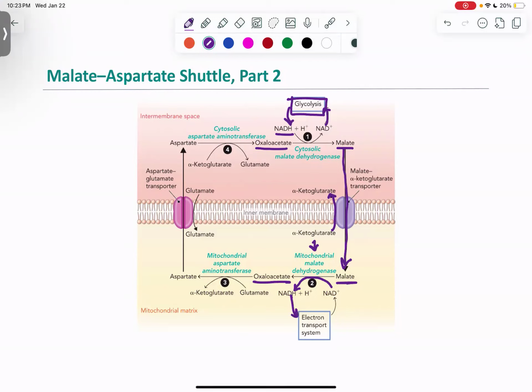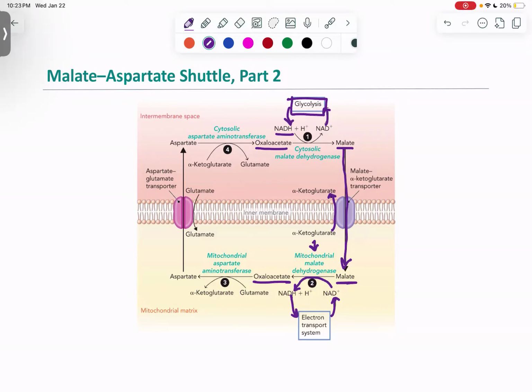And in order to make that happen, that regenerates our NAD plus. So we basically have these pools of NADH and NAD plus that are separate. One pool's in the mitochondrial matrix, one pool is in the inner membrane space / cytosol, because the outer mitochondrial membrane is very permeable. So it's very easy for things to pass, right?